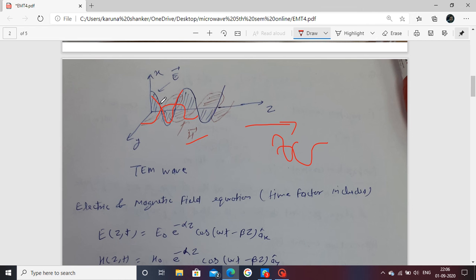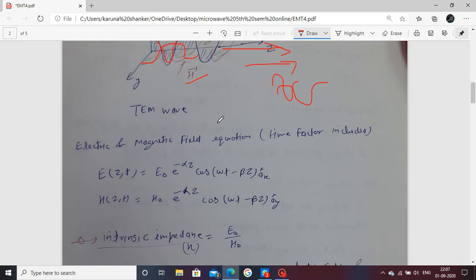These are perpendicular to each other, and they are also perpendicular to the direction of propagation. This property shows a plane wave. If the electric field and magnetic field components are also constant, then the magnitudes are uniform in a particular direction. This is also called the uniform plane wave.